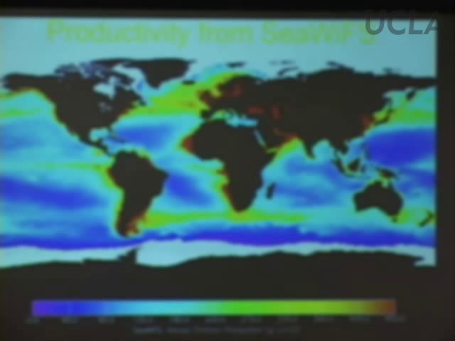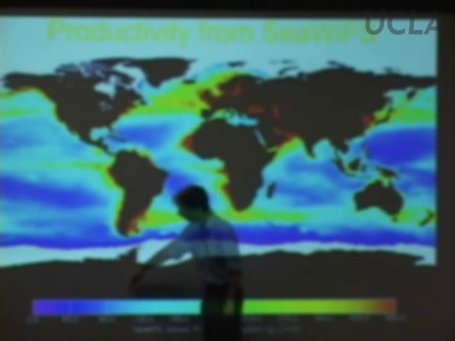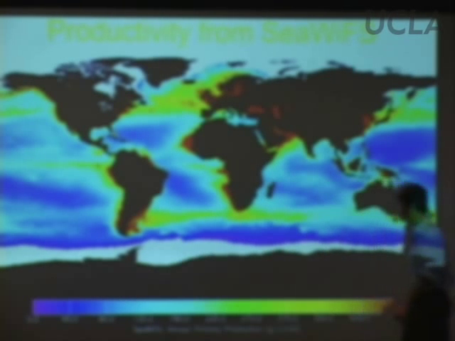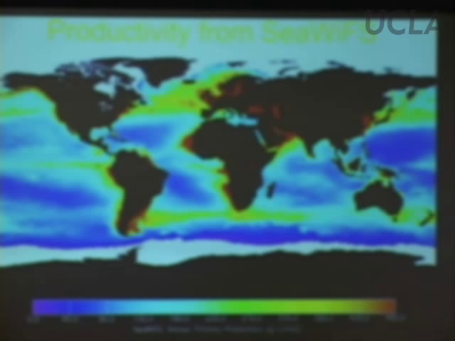And you can see, first of all, that, as I said, something like 100 grams per square meter per year of carbon is a fairly typical number. A lot of the ocean is kind of that lightish blue color. Okay, and that's kind of the average. But it's not the same everywhere by any means. What parts of the ocean tend to have very high productivity?